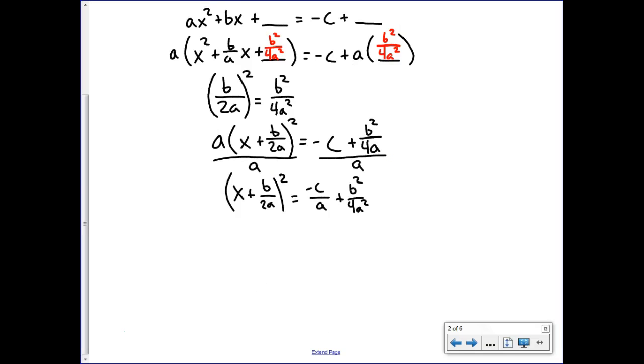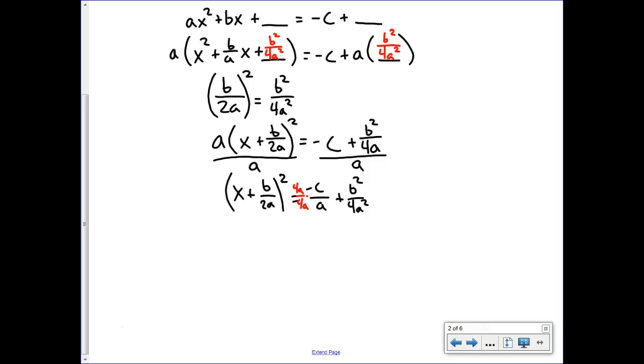Okay, so now probably the easiest thing to do is to work with this piece on the right. If I have a and I have 4a squared on the right in the denominator, and I want the denominator of the left-hand side to also be 4a squared, I need to multiply by 4a over 4a so that they will match.